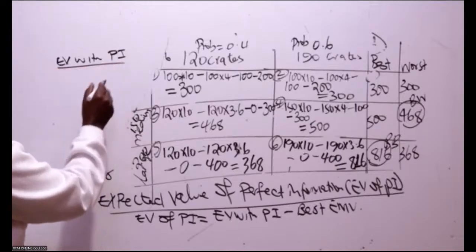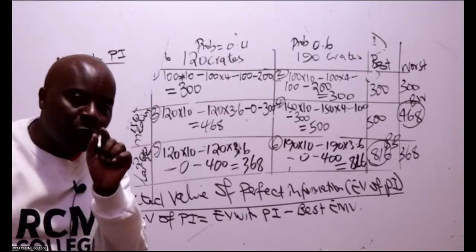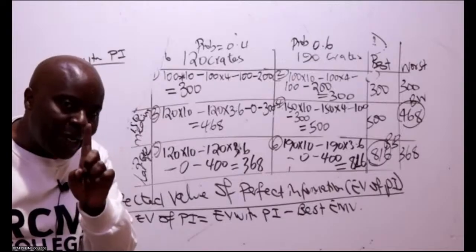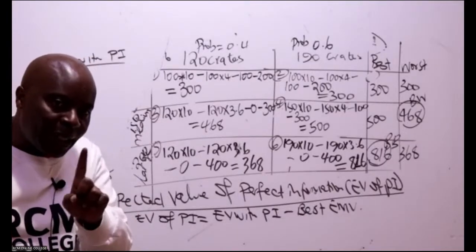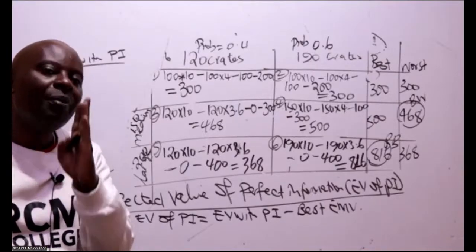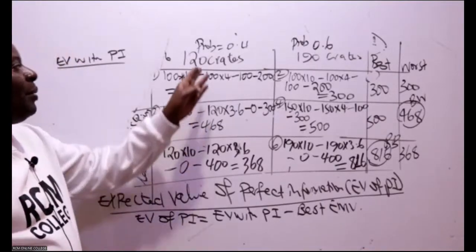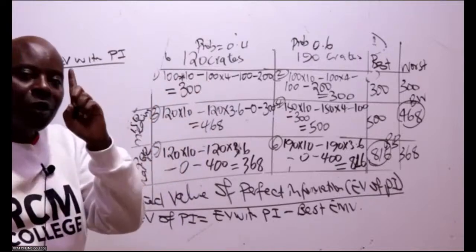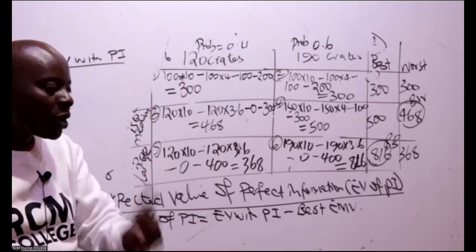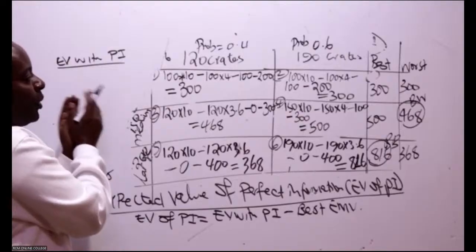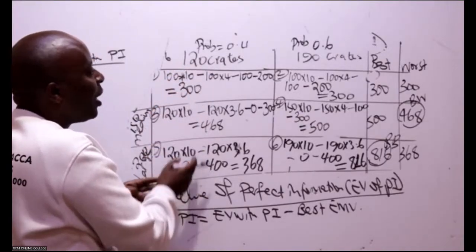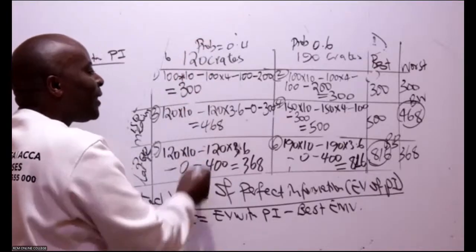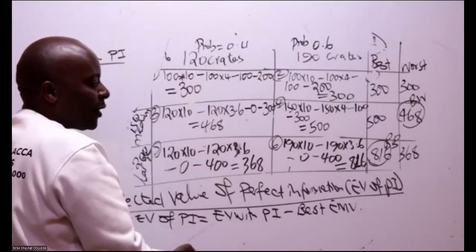To get this EV with PI, we always go to each state of nature, one at a time, selecting the best outcome. Because these experts come to tell us there will be rain, our demand will be this. So you go to each column, armed with information that this is the state that will prevail, selecting the very highest.